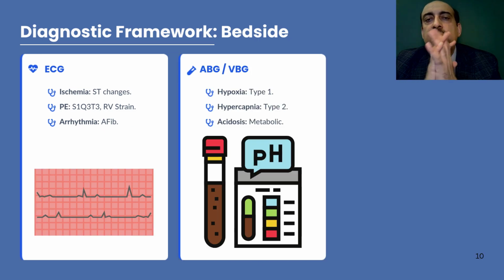As I said earlier, arterial blood gas or venous blood gas can be an extremely useful investigation. ABG mainly to look at the oxygenation status if you're worried about oxygenation of the patient, for example acute asthma, acute COPD exacerbation, any etiology which can lead to predominantly type 1 respiratory failure.